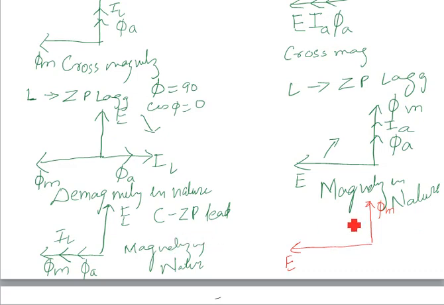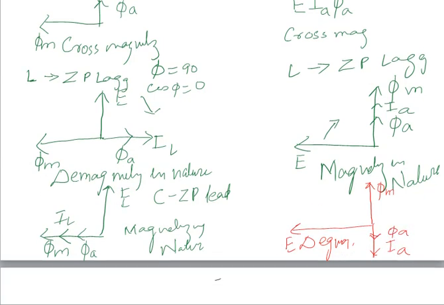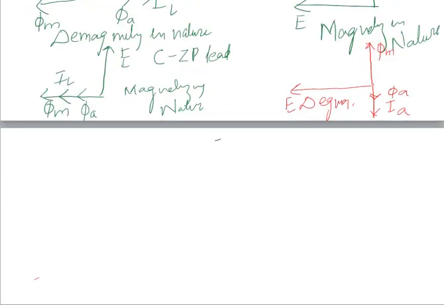If it is capacitive, that means the current will lead E by 90 degrees, so it will go here, IA. So here again phi A will be developed, and this phi A has a demagnetizing effect here.